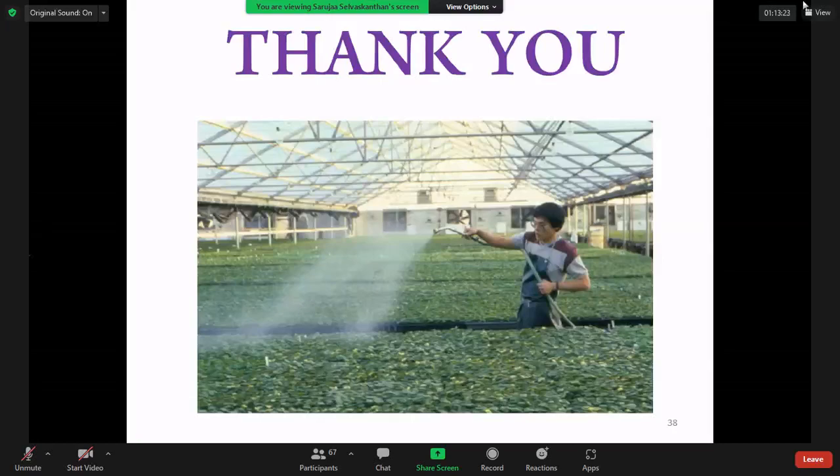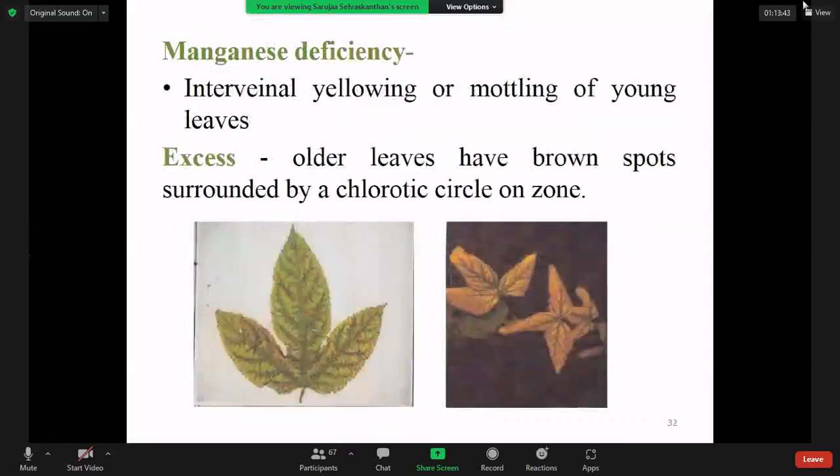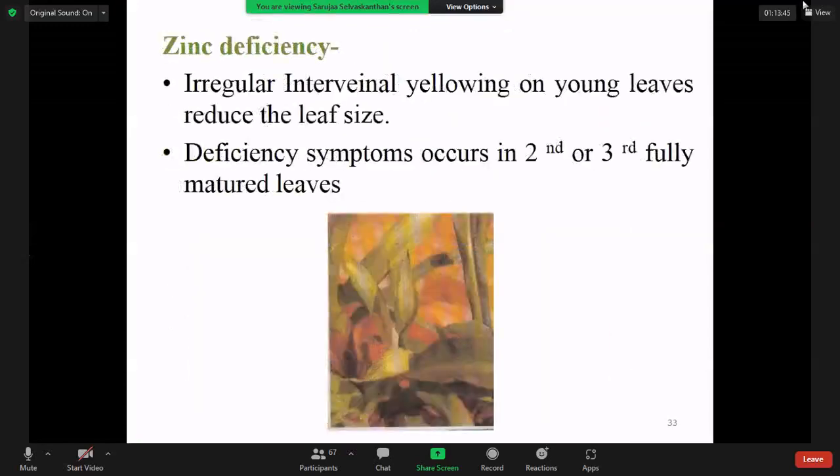Nitrogen. Purple coloration. Phosphorus. Leaf margins turning brown. Potassium. Correct. Then irregular interveinal yellowing. Zinc. Good.